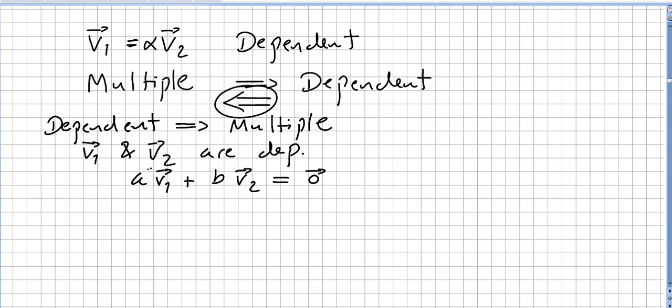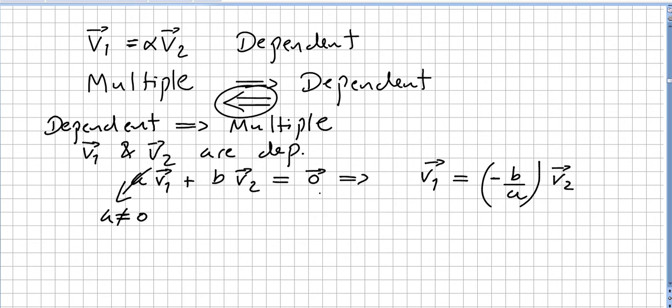So let us say that a is not 0. Well, if a is not 0, this means that v1 can be written as minus b over a times v2, because v2 will get on the other side.